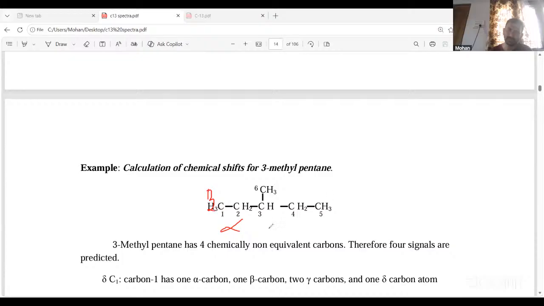On this side also it is the same: this is alpha, this is beta.